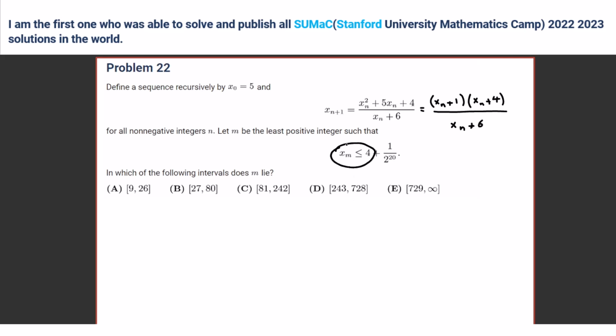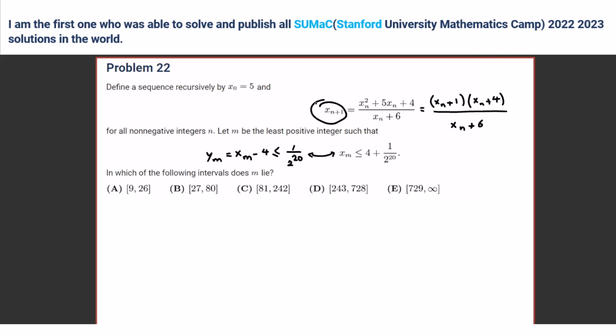And here, you can say this is equivalent to x_m minus 4 being less than or equal to 1 over 2 to the power of 20. Exactly. Now can we define it as y_m and find a better formula? So y_m equals x_m minus 4. Yes.